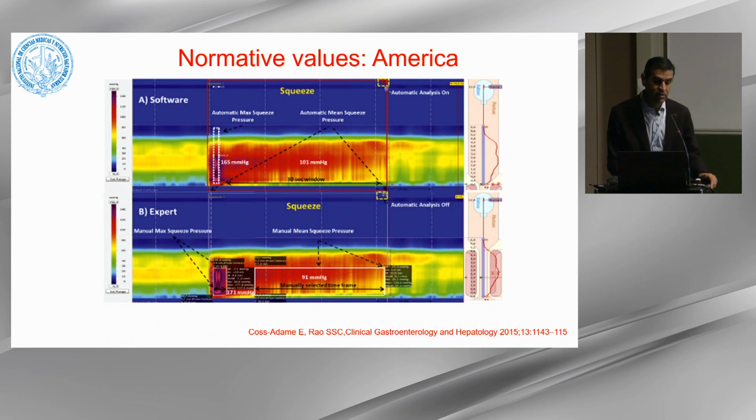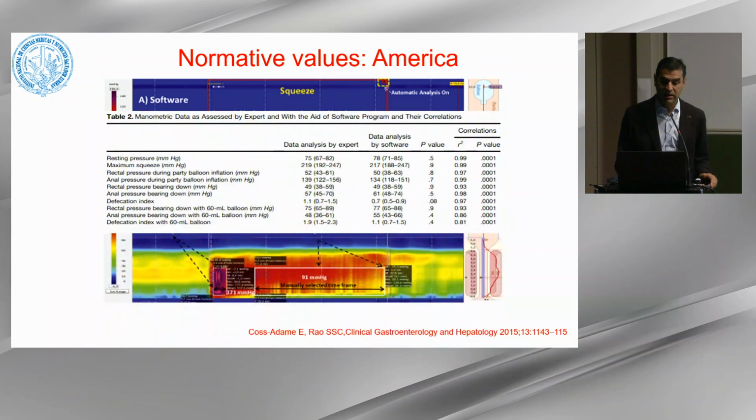We also wanted to know if the tools that the software has itself to measure the values were similar to those acquired manually by the expert, in this case, Dr. Rao. So we found that there was a very good correlation, no differences between the expert and the software values. So that's something good because we can now trust those values coming from the specialized tool that we have in this software.